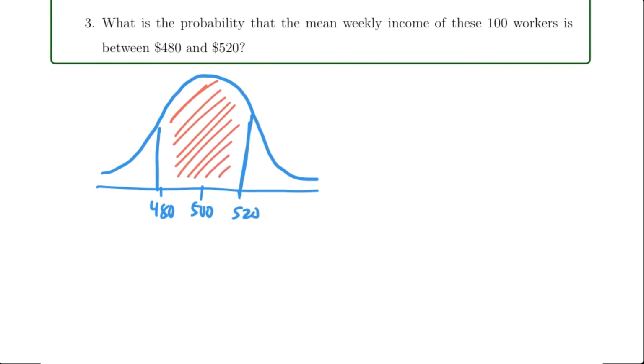Writing it out, the notation is the probability that 480 is less than x bar, less than 520.